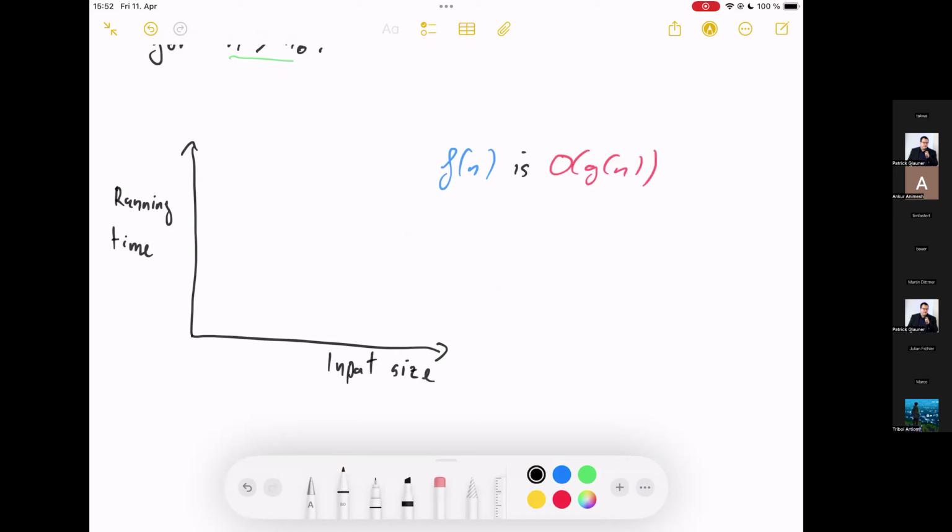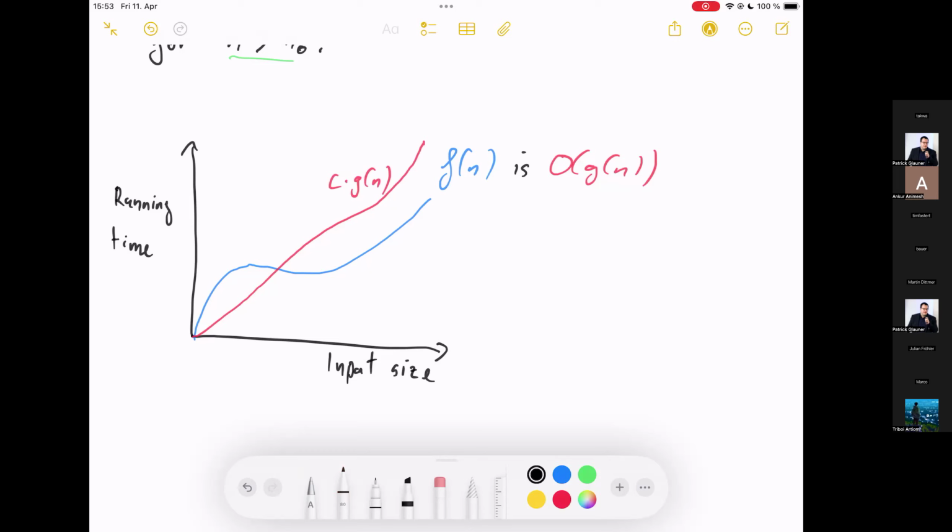And we will have our function f that could go something like this. And our c times g of n could look something like this. So the red one is c times g of n.